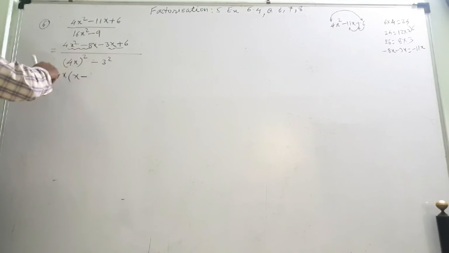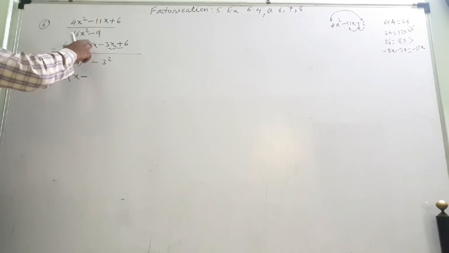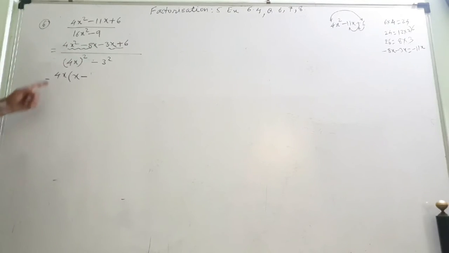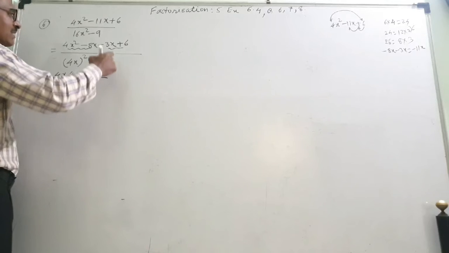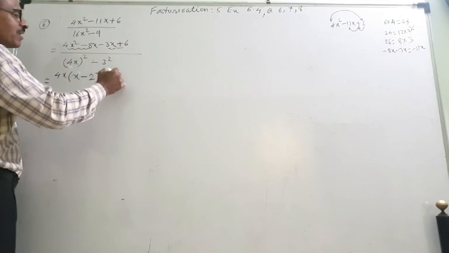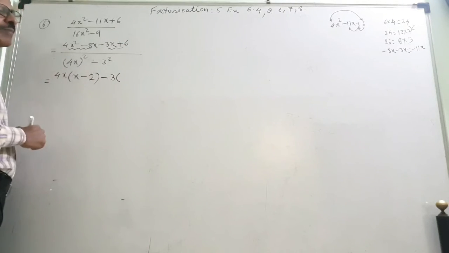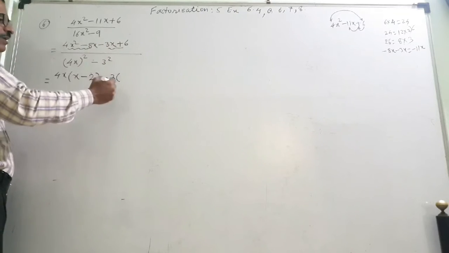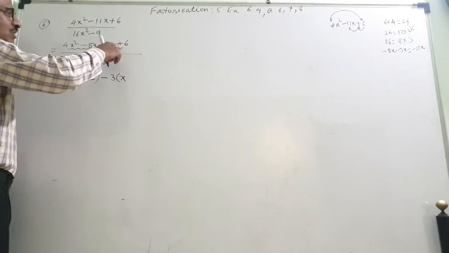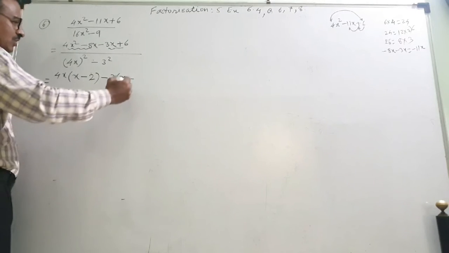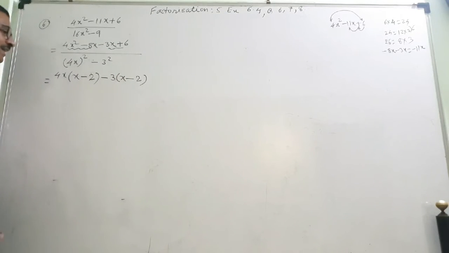Now this 8 means 4 into 2, so 4 is taken means 2 will remain. Minus. Now this is 3 into 2, so 3 will remain. 3 is taken common, x will remain here, minus is taken, so this will become minus 3 into 2, taking the common means divide.